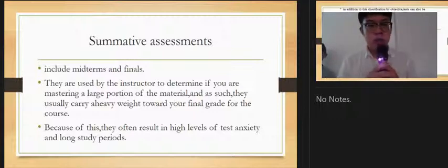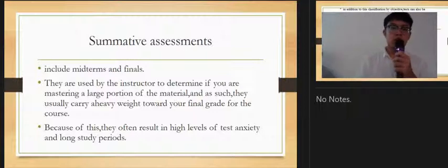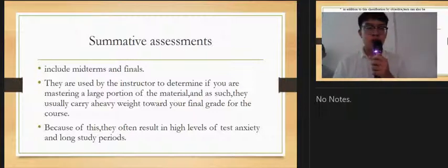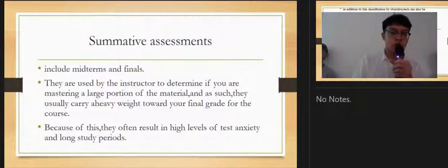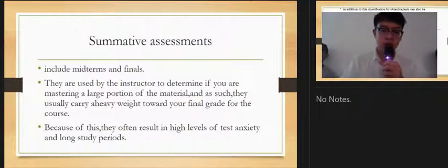They are used by the instructor to determine if you are mastering a large portion of the material, and as such, they usually carry a heavy weight towards your final grade for the course. Because of this, they often result in high levels of test anxiety and long study periods.